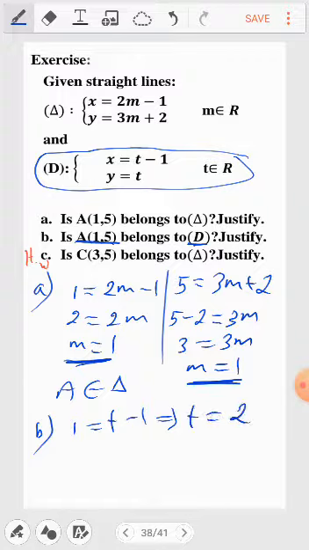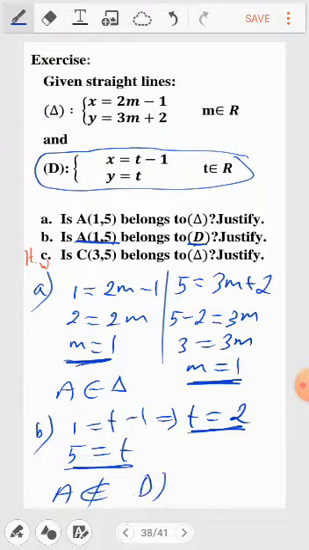Replace 5 instead of y, 5 equal t. So here t equal 2, here t equal 5. So point A does not belong to straight line D. Here delta, here D. Do part C as a homework.